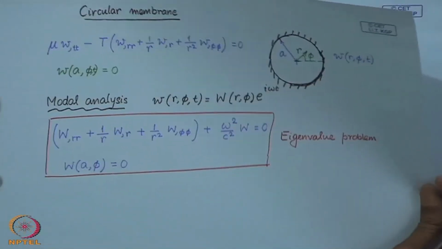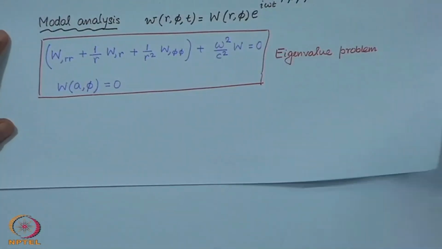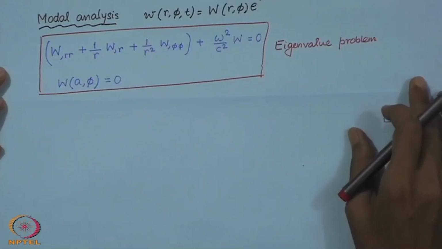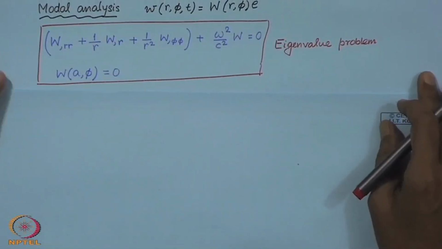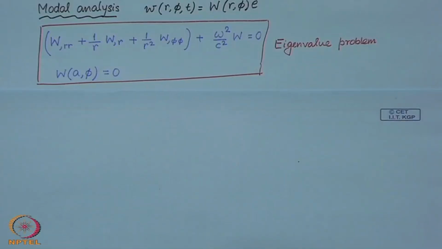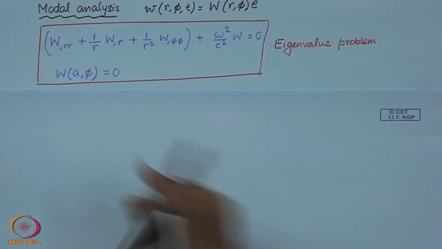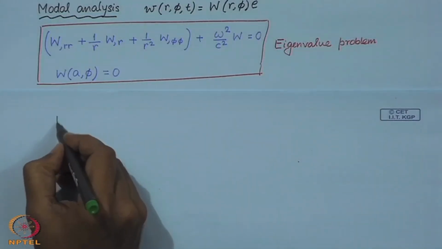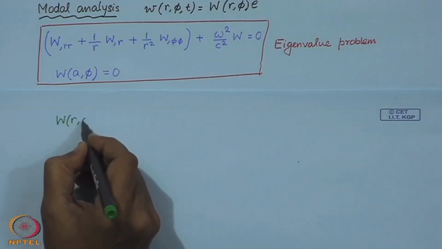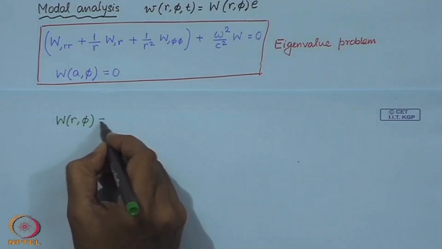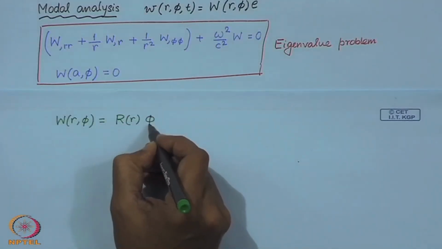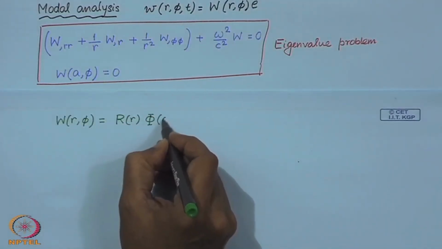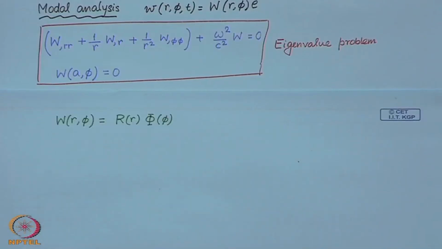So, we search for separable solutions once again, as we did for the rectangular membrane. We look for solutions which are separable in r and phi.